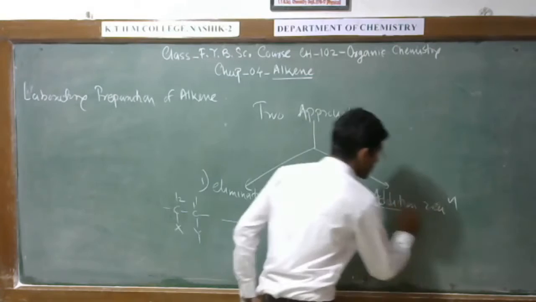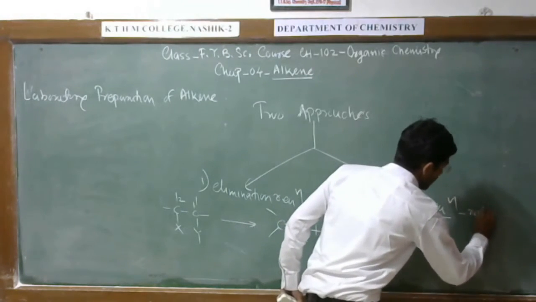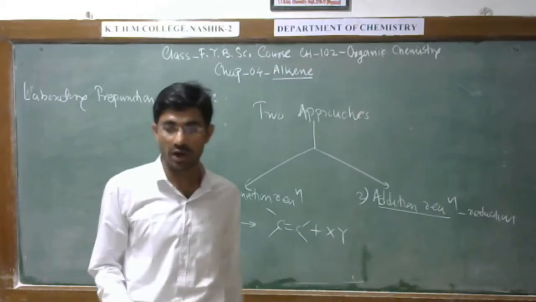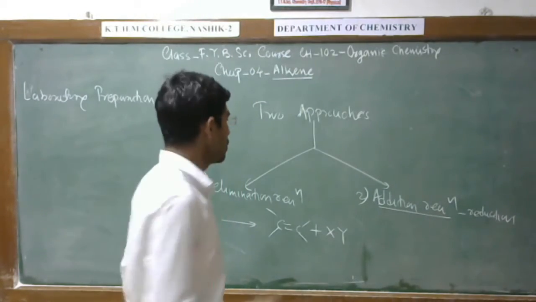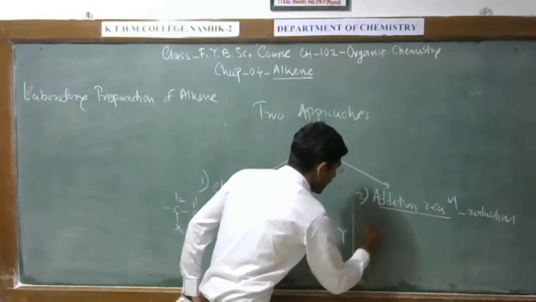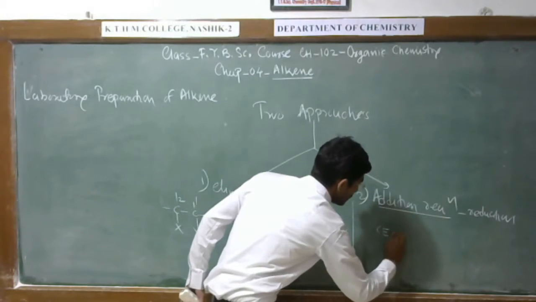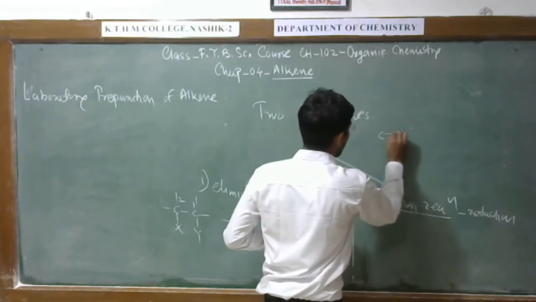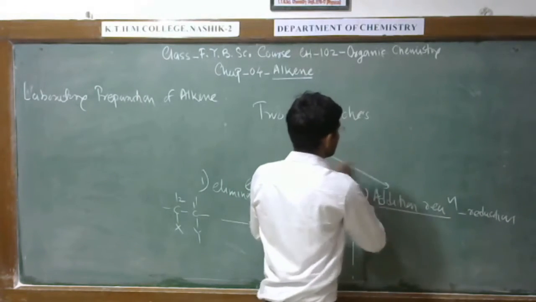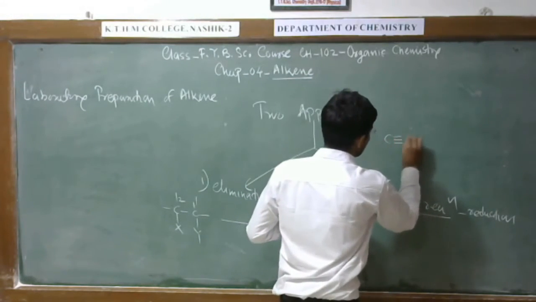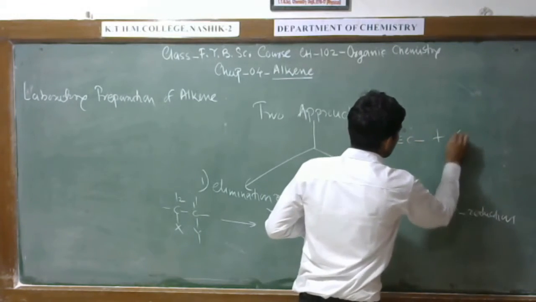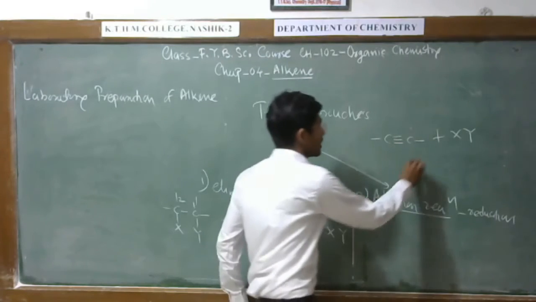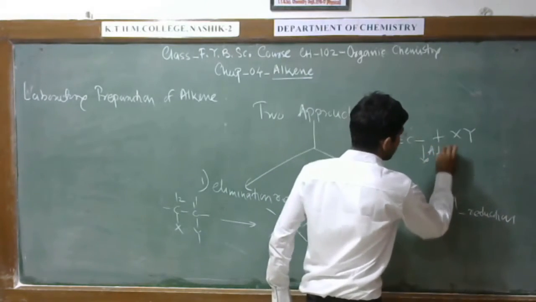Second is addition reaction. Addition reaction here is also called reduction reaction. Here in addition reaction, we take the starting material, that is the alkyne compound. The alkyne compound undergoes addition reaction, meaning reduction reaction.